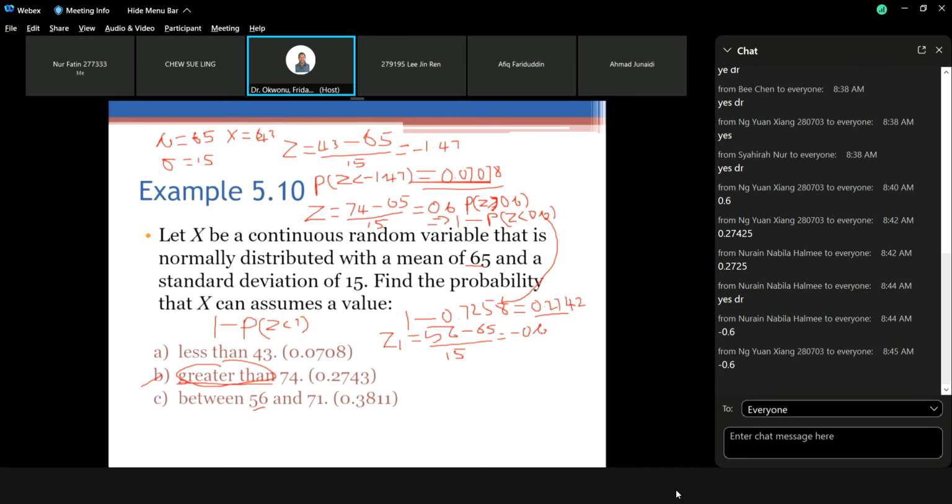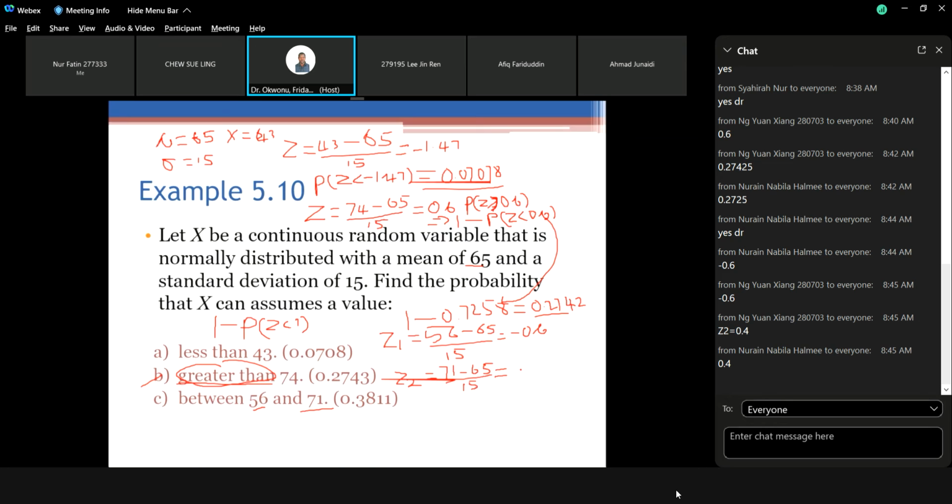Sure? Okay, so let's go for Z2. Here, X is 71 minus 65 all over what? 15. So what is your value? 0.4.